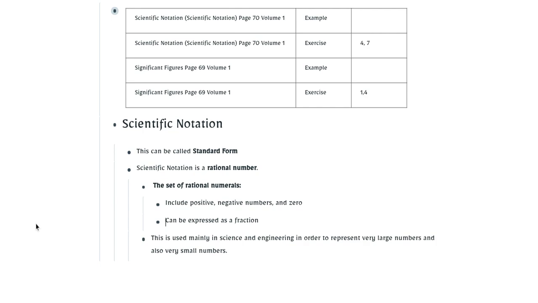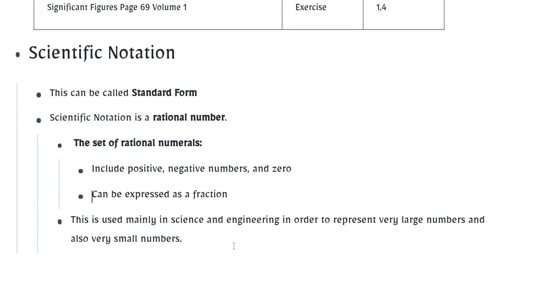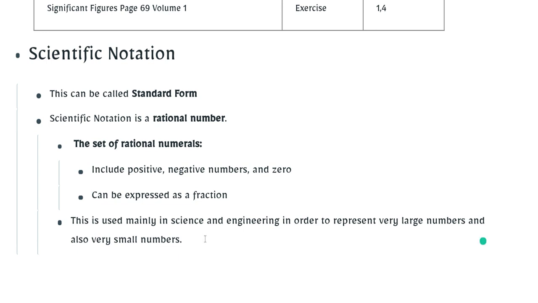All right, excellent. So let me ask a question. Which one would be a very large number? Would it be a positive number or a negative number? And this very small number would be negative or a decimal. Right?